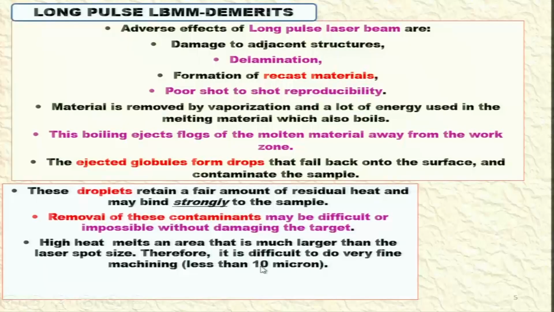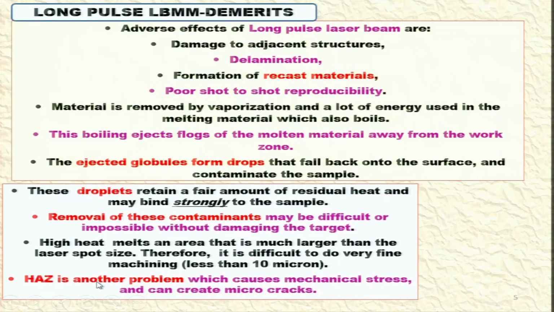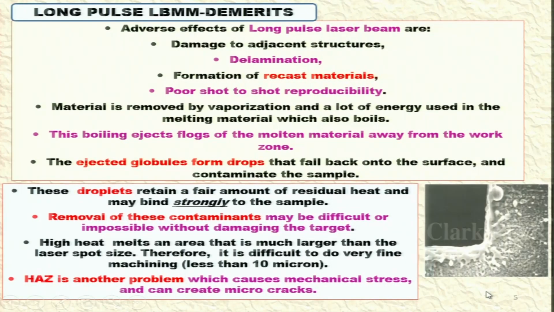So what is written over here is that the heat affected zone and some melting outside the focused beam spot also takes place. Heat affected zone is another problem which causes mechanical stress and can create micro cracks on the machined surface.